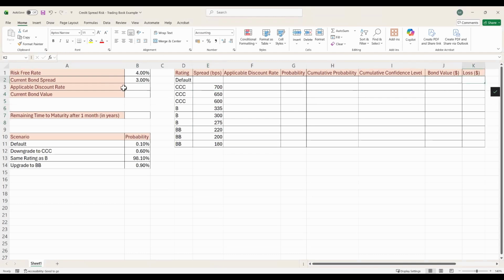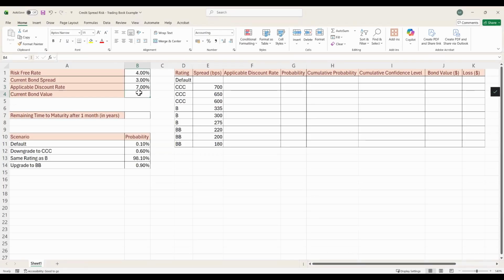So we have a $1,000 face value bond with a maturity currently of 3 years, right? The risk-free rate is given as 4% and the current bond spread was given as 300 basis points or 3%. So obviously the applicable discount rate or the yield you can say will be equal to 4% plus 3%, which is 7%.